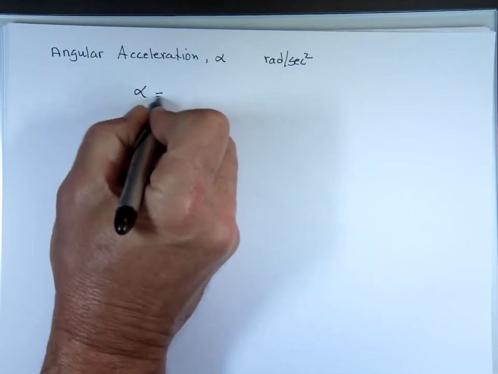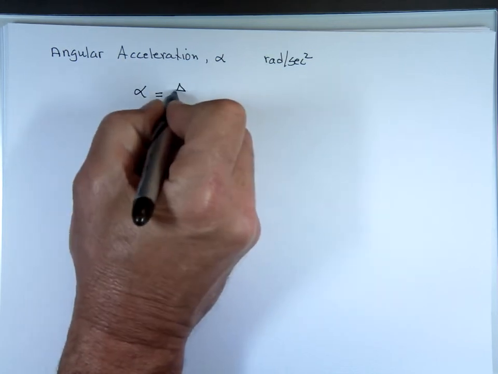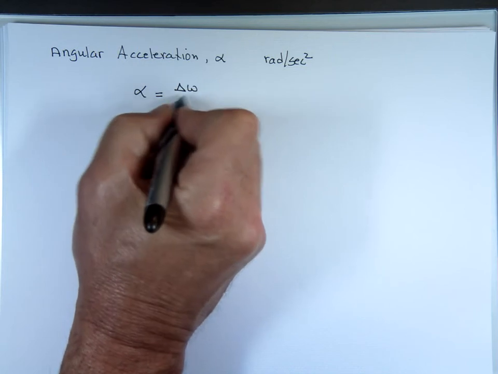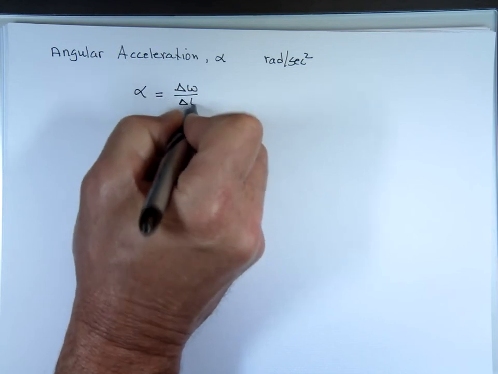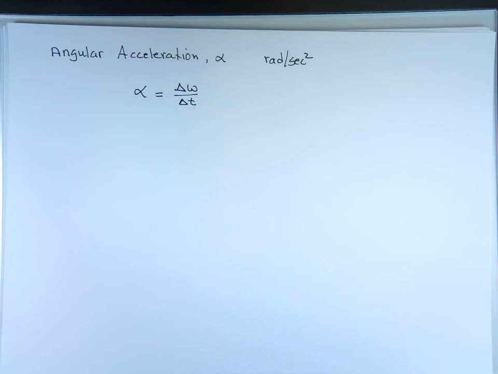Acceleration is the change in velocity over the change in time. The calculator needs to be in radians. Yes.